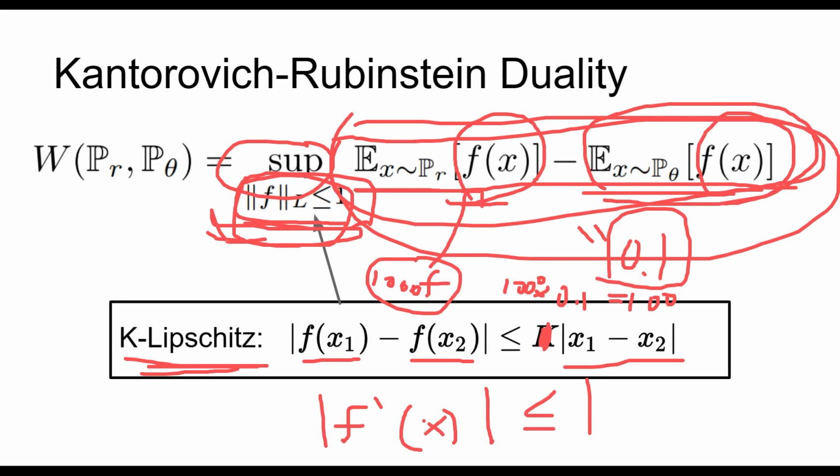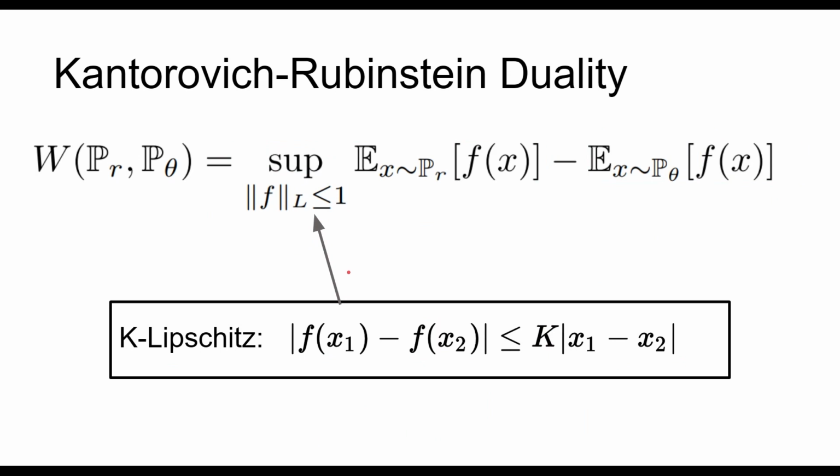If x is multivariate, a vector value, it actually means the length of the gradient is less than or equal to 1. Okay, so that's the KR duality.